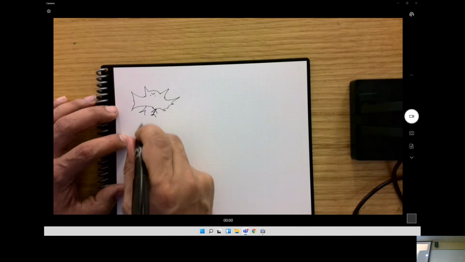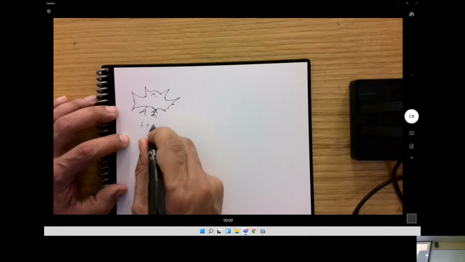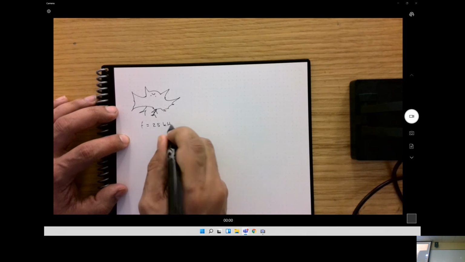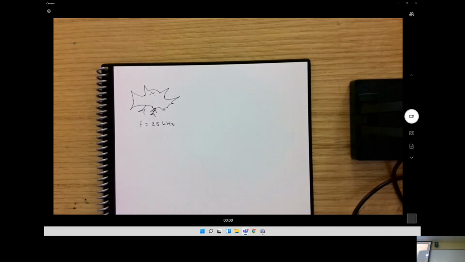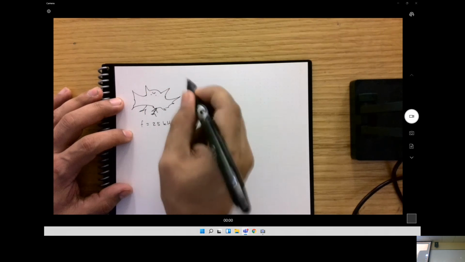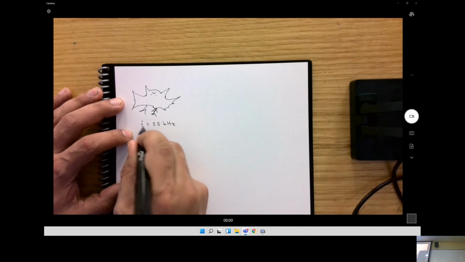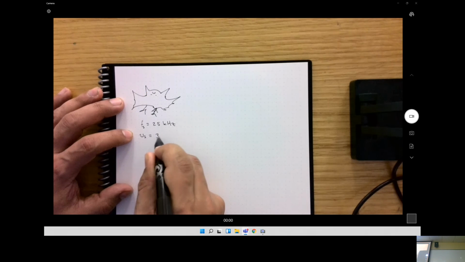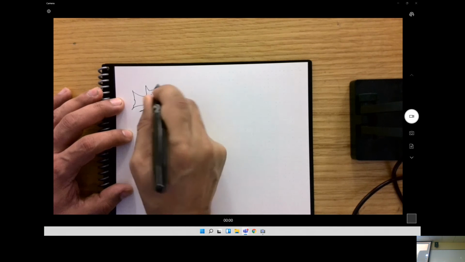And I'm gonna say that this bat is emitting a frequency of 25 kilohertz. It's moving at a velocity of 30 meters per second.